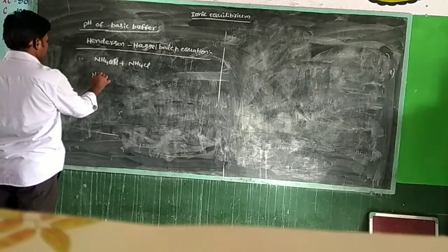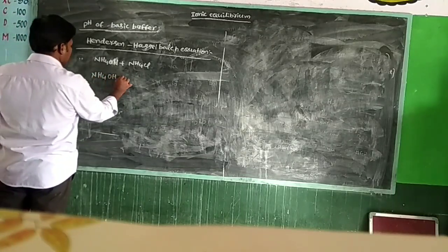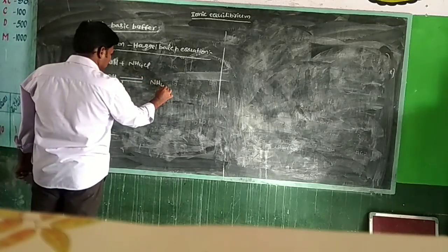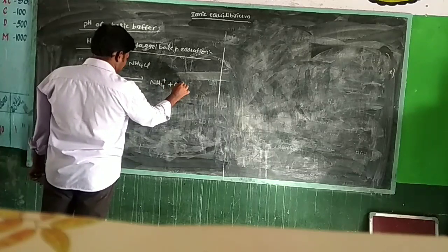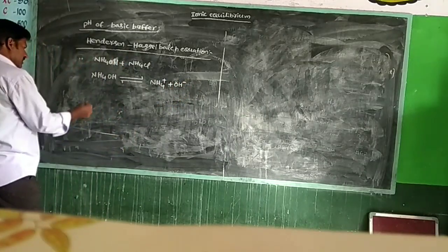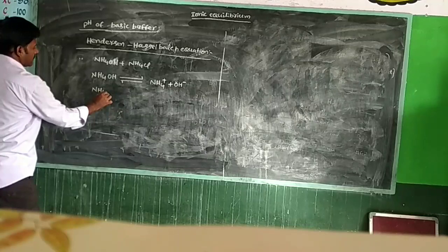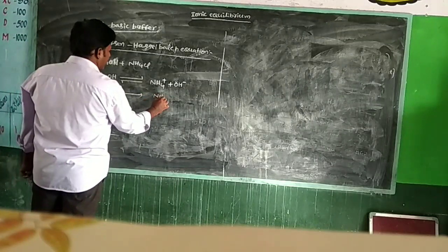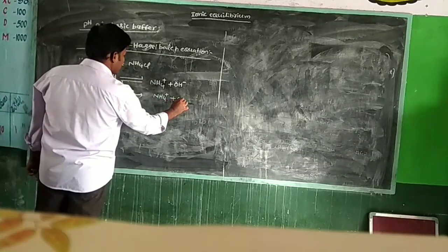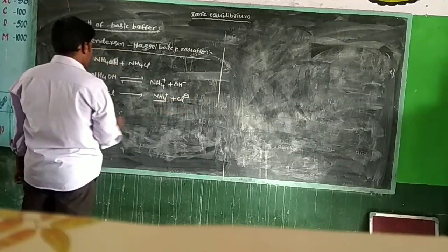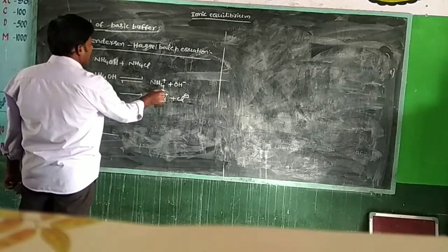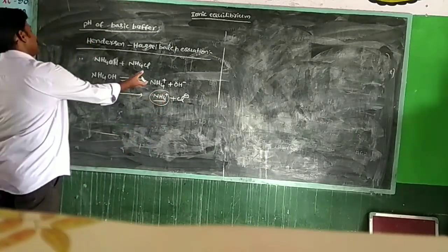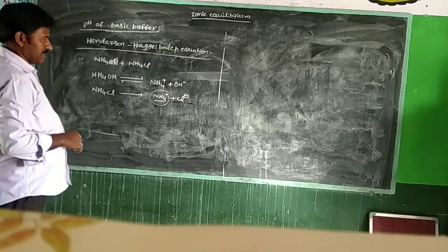Write NH4OH in a reversible reaction: NH4OH gives NH4 plus and OH minus ion. If the strong electrolyte NH4Cl is added, it gives NH4 plus and Cl minus. Here a common ion is present, like NH4 plus, and the equilibrium will shift in the backward direction.